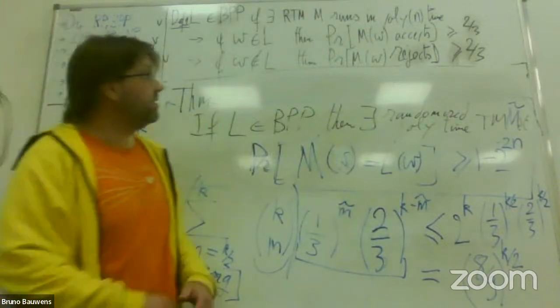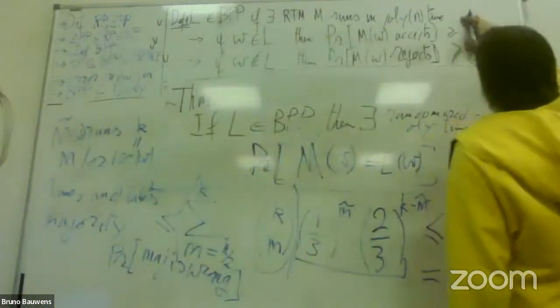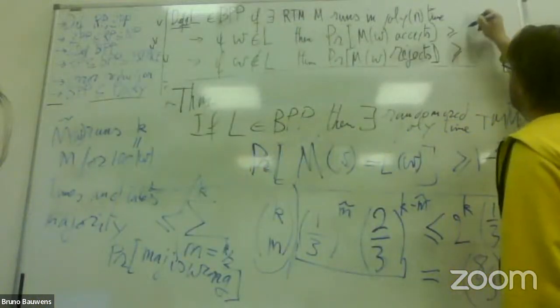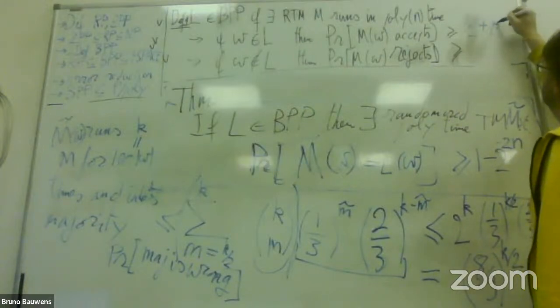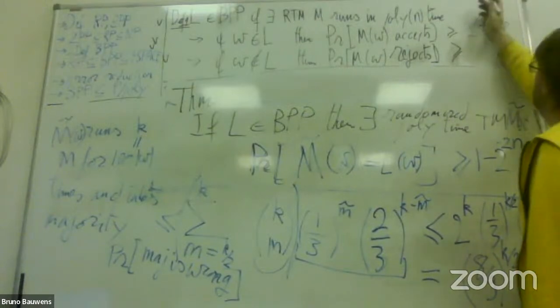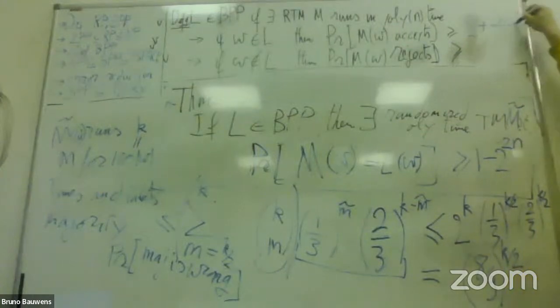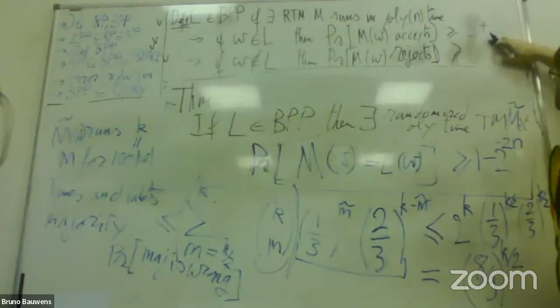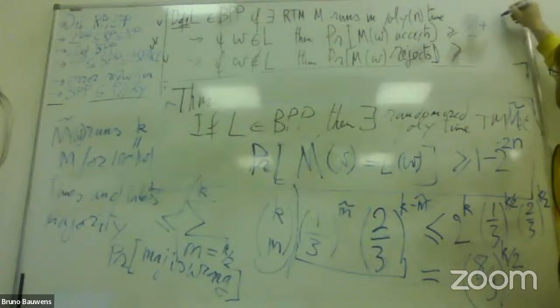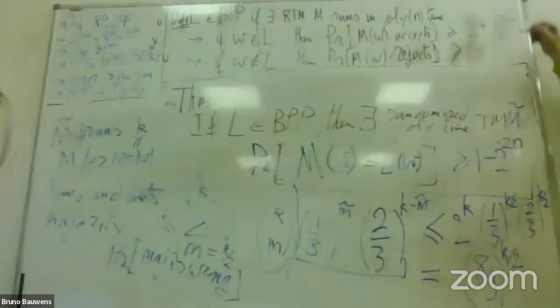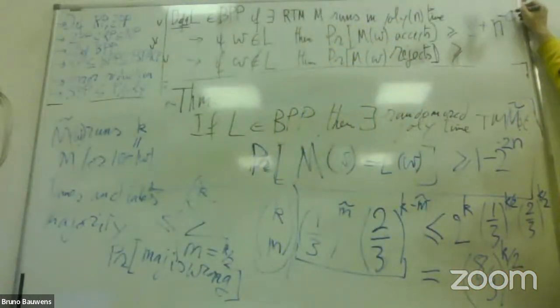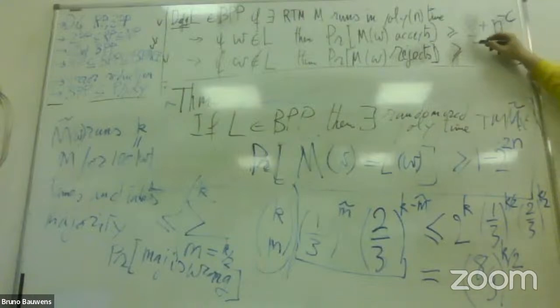Yes, the theorem still works when we use 1/2 plus 1 over poly n, so let's say n to the power minus some constant.